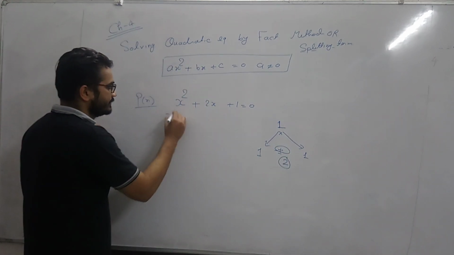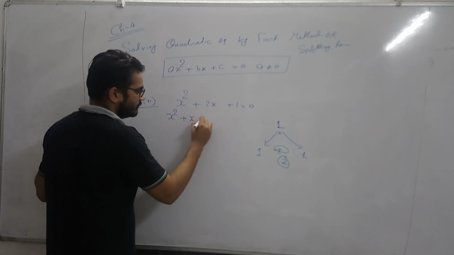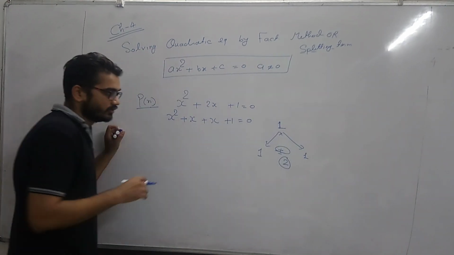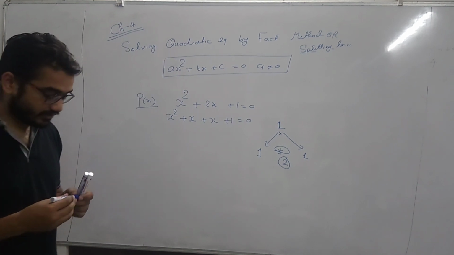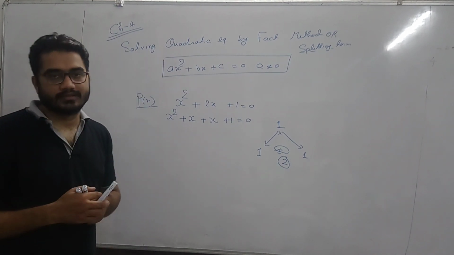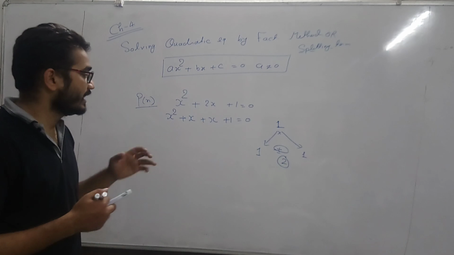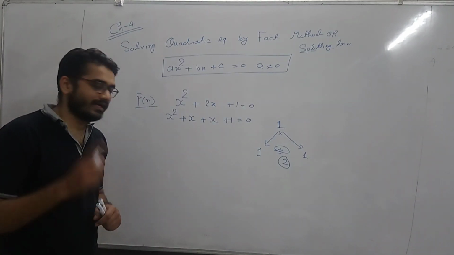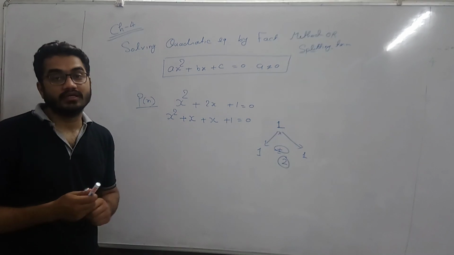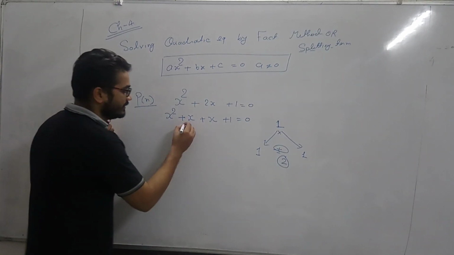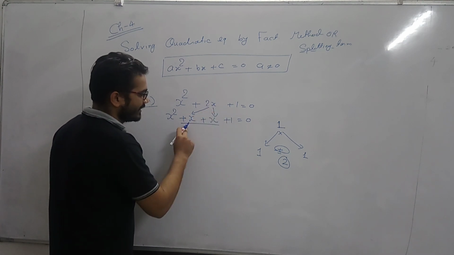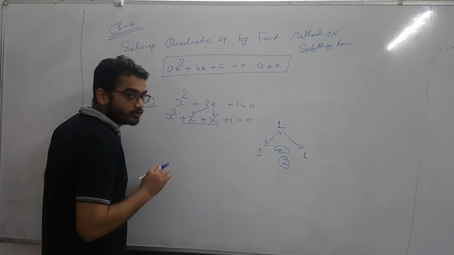So this will be x square plus x plus x plus 1 is equal to 0. Maths has given us a wonderful thing, that is manipulation. We can manipulate the terms however we want, but there is one condition, that the value should remain the same. As you can see, I have taken 2x into two parts, x plus x, so ultimately I am getting 2x only.